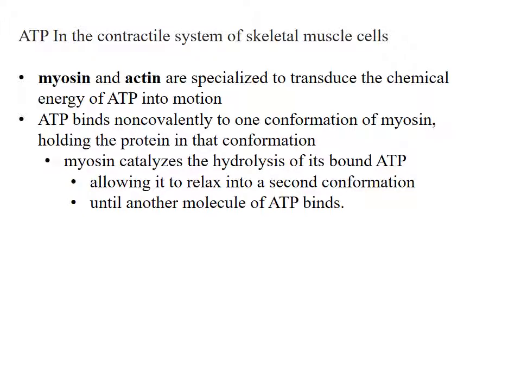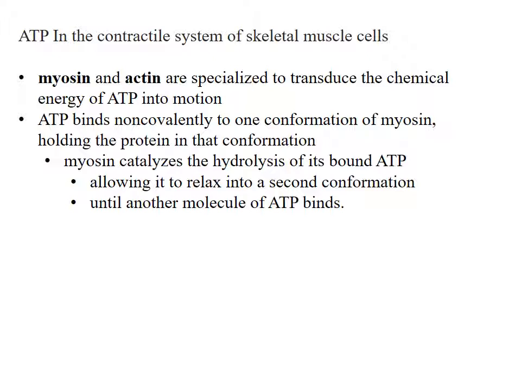Another way that ATP can support work to be done in biological systems without using the potential energy of heat or transfer of phosphate is in the skeletal muscular system. Well, not only skeletal muscle, the smooth muscular system also does the same thing. But in either case, we have actin and myosin, which are specialized to use the chemical energy from ATP to convert into motion.